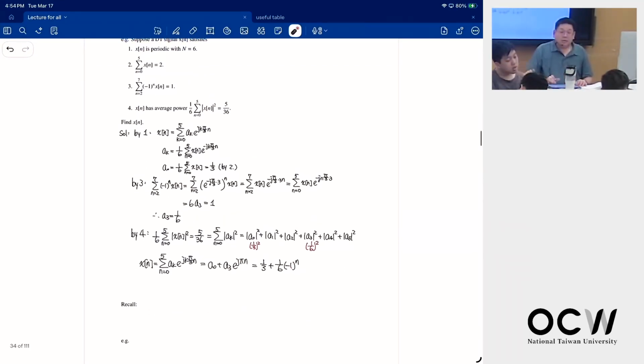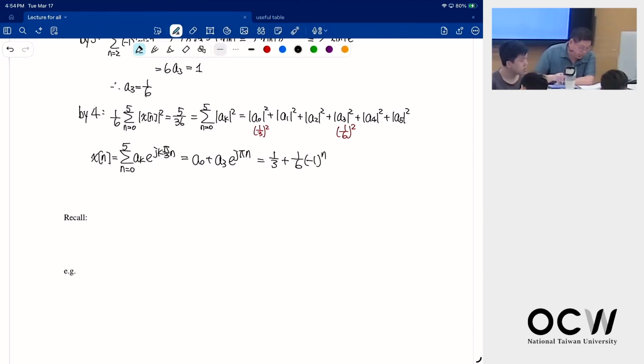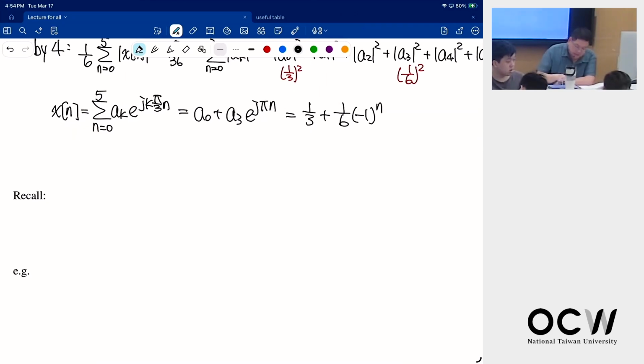Right, next one. Remember that if we have an input and send it to the LTI system, my output should have the same form as your input times something extra.